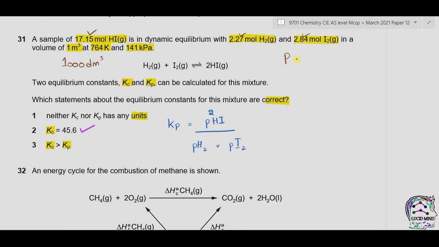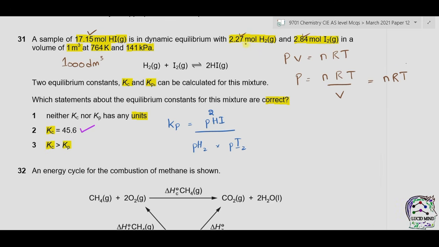So this can all come into the ideal gas equation, which is PV equals nRT, where P is the pressure, V is the volume, n is the number of moles, R is the ideal gas constant, and T is the temperature. So we can find pressure, P equals nRT divided by volume. As the volume given is 1 meter cube, we can write this equation as pressure equals nRT, where n is the number of moles, R is the ideal gas constant, and T is temperature in Kelvin.